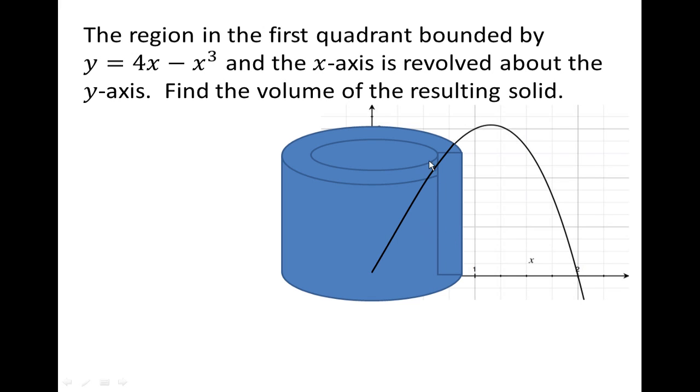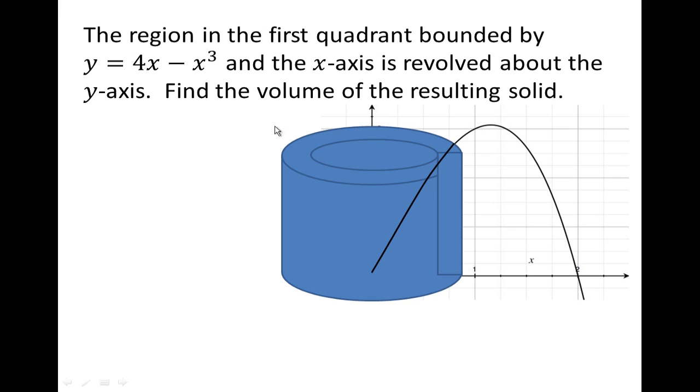It generates what we call a shell. We'll take rectangles all the way across and add up the volumes of these shells. It's a little bit more complex than the disc method, but if you really think it through, you can do these problems without too much trouble.